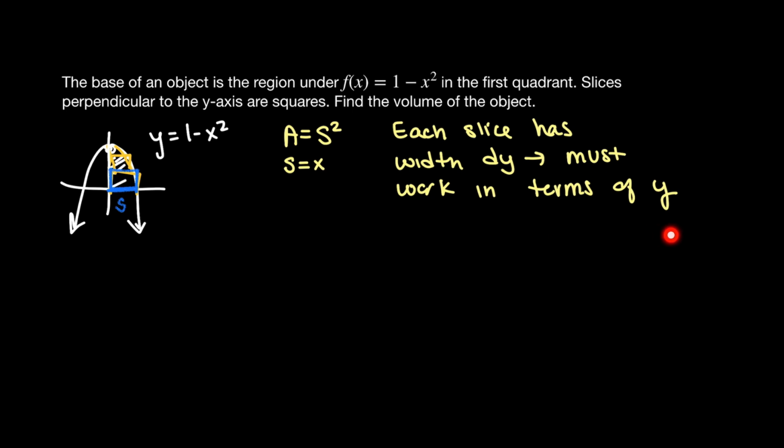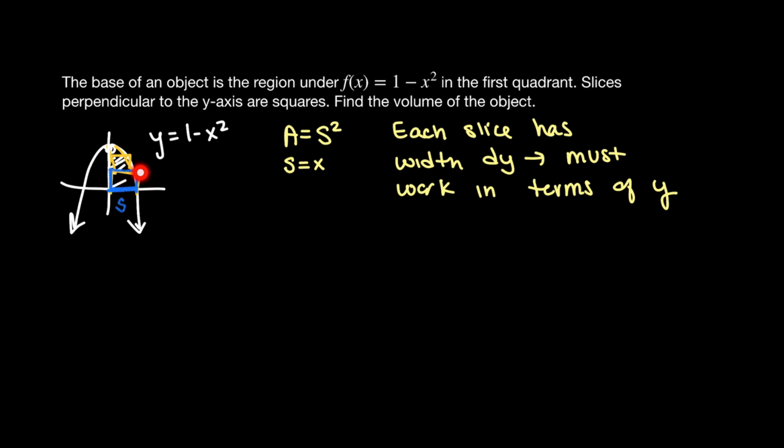This reminds me a lot of when we found area between curves, and if we wanted to slice the object horizontally, we had to work in terms of y. The same concept is happening here. The width of each of these little slices is a dy, so we're going to work in terms of y.